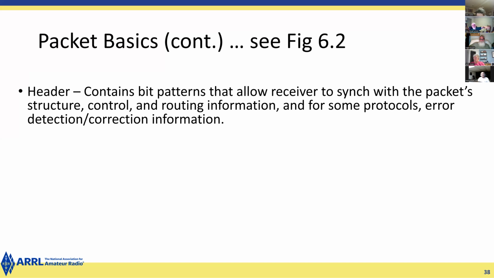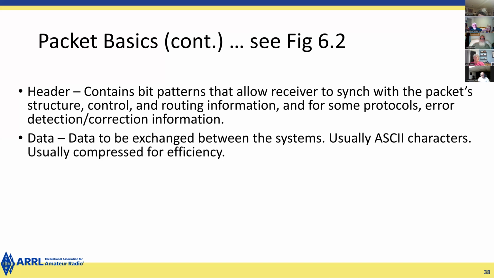There are also control and routing information, and in some cases, information that helps with error detection and correction. These indicate what to do with a particular packet, particularly if a packet is retransmitted, or if it has a serial number, or if it has more than one destination in the receiving computer. The data is usually ASCII characters, 7 or 8-bit characters, and usually it's compressed, but not always.